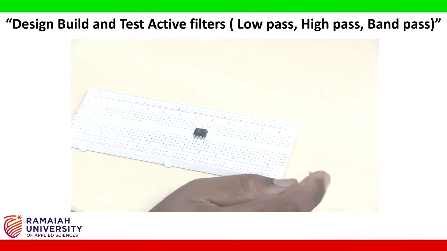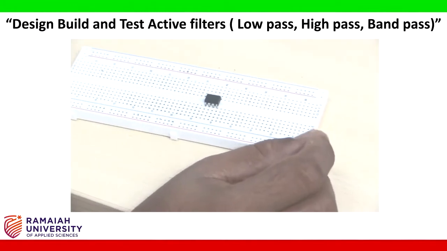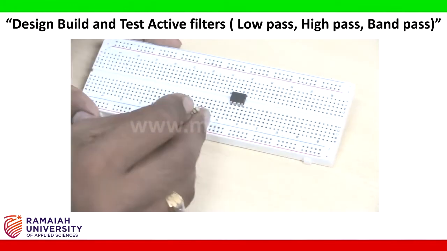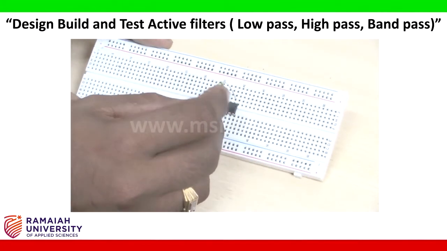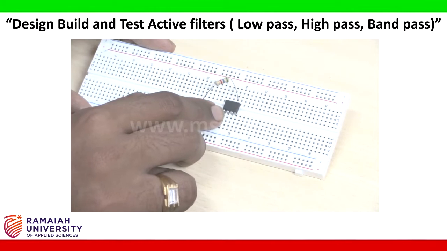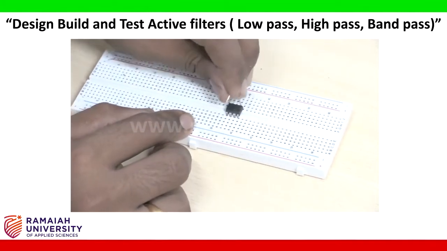This 5.6 kilo ohm resistor will be connected from pin number 2 to pin number 6. See, this is pin number 1 and this is pin number 2. Pin number 2 to pin number 6. This is 5 and this is 6, I am connecting here.